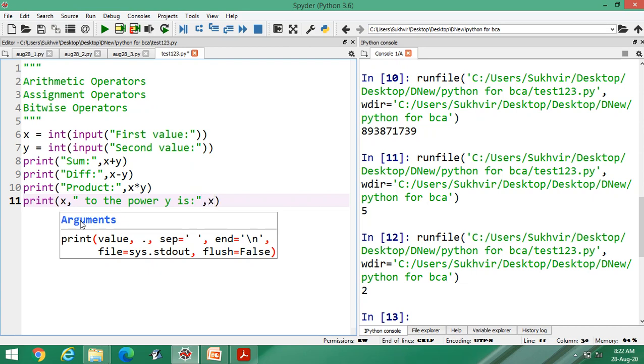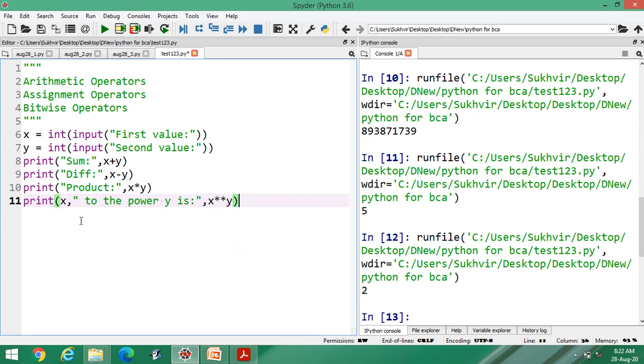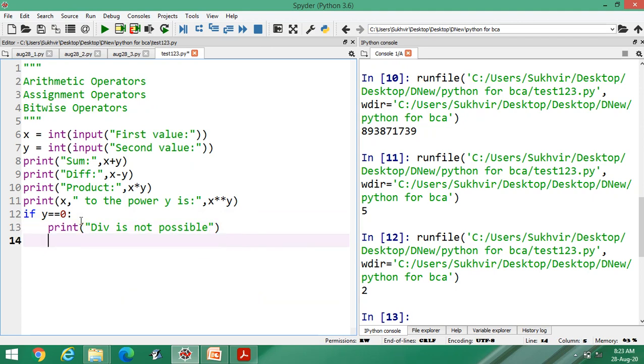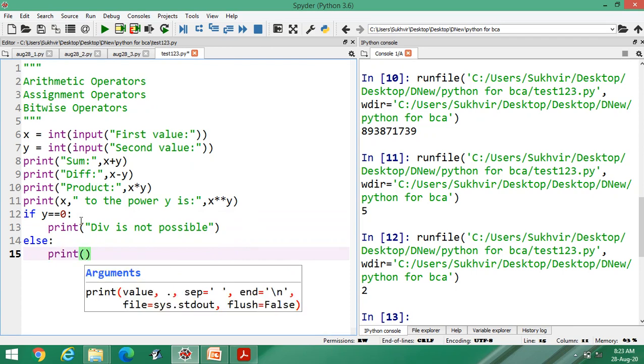Here you can write X double star Y. It means X raised to power Y can be calculated. Now, if second value is equal to 0, this one is required, print division is not possible, else print division is equal to X divided by Y, like this.